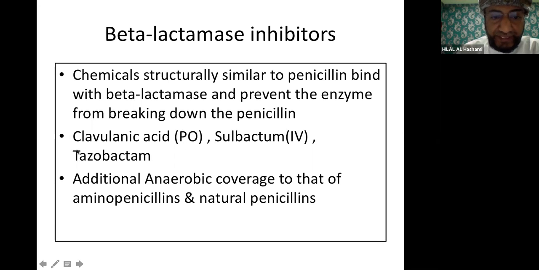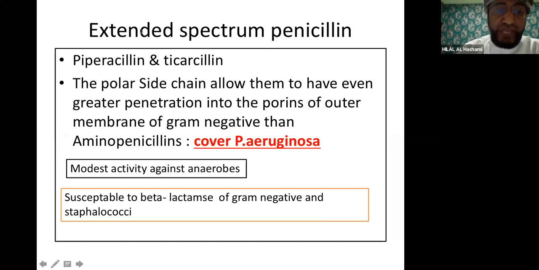The clavulanic arm also provides additional anaerobic coverage to that of the aminopenicillins and natural penicillins. Then we have extended spectrum penicillins like piperacillin and ticarcillin. Here, the polar side chain allows them to have greater penetration into the porins of the outer membrane of the gram-negative than the aminopenicillins.